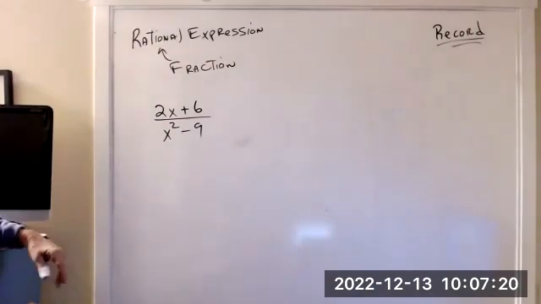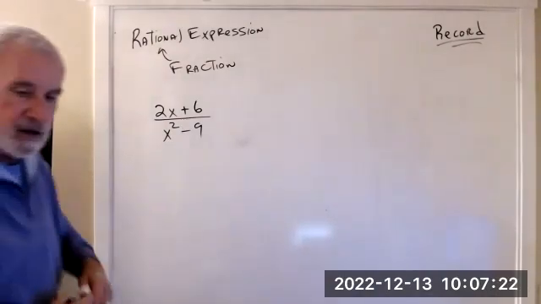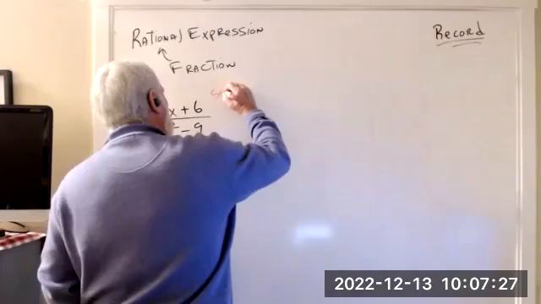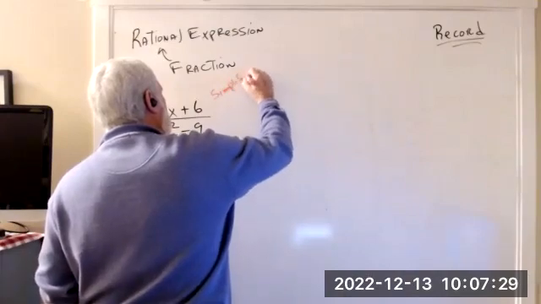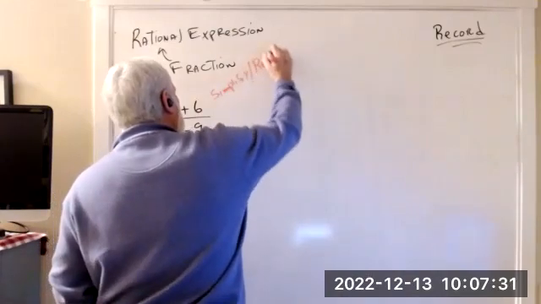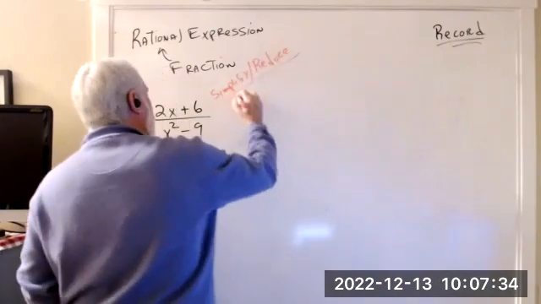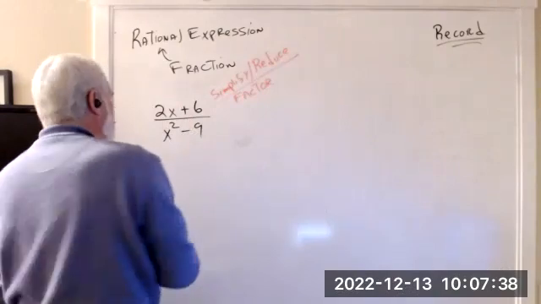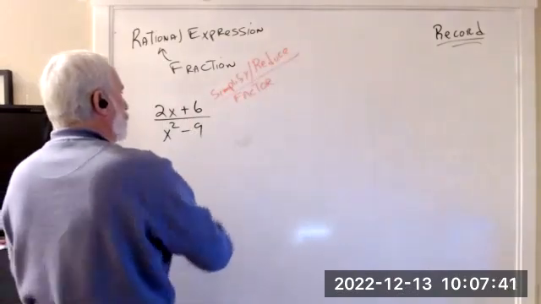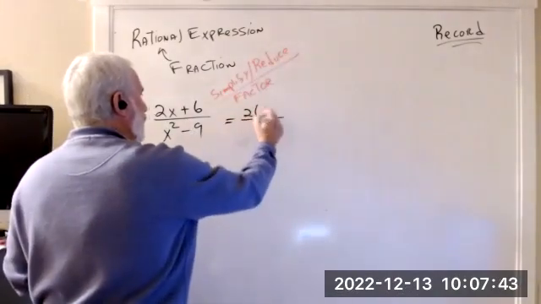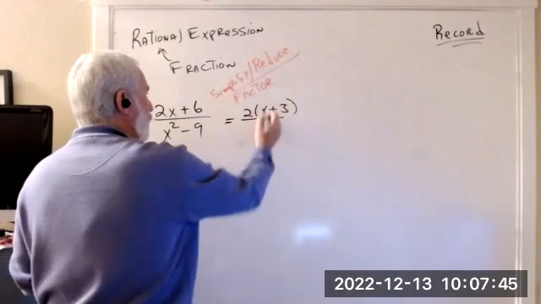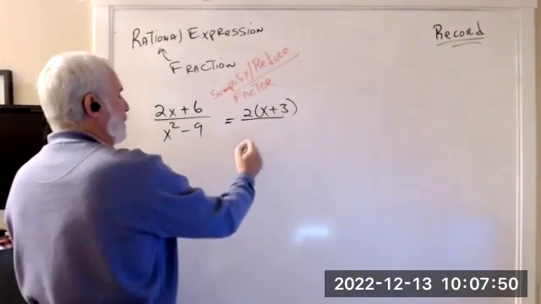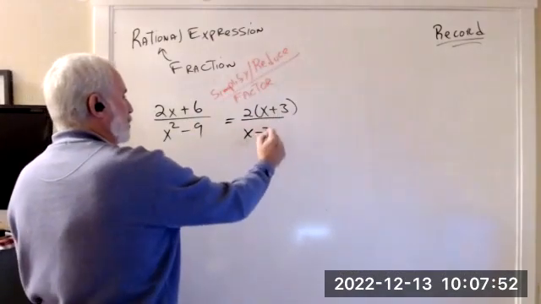Okay, so for example, we reduced it. If you're asked to simplify or reduce, that means factor. So we would take a 2 out of the top, factor a common 2 out of the numerator, and factor the denominator.